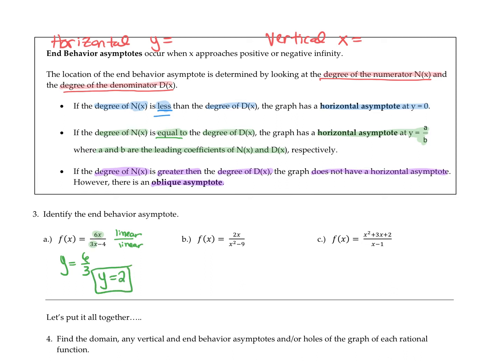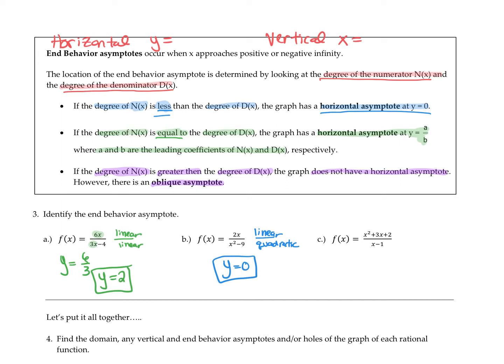In B, my numerator is linear and my denominator is quadratic. So this is an example of where the degree of the numerator is less than the denominator. Since my numerator is degree 1 and my denominator is degree 2, that means my horizontal asymptote is just at y equals 0.